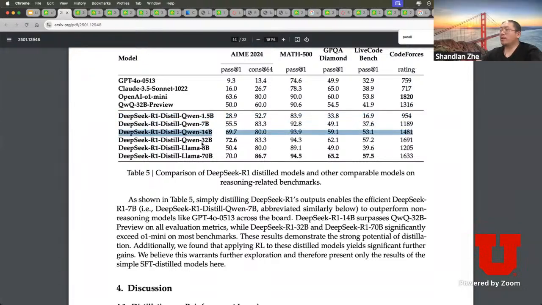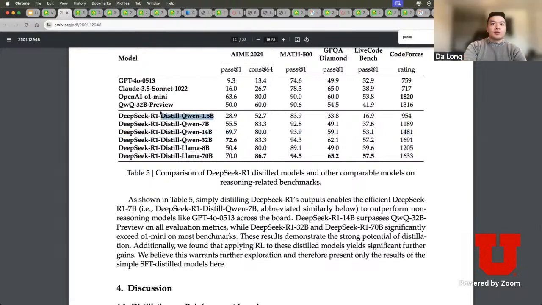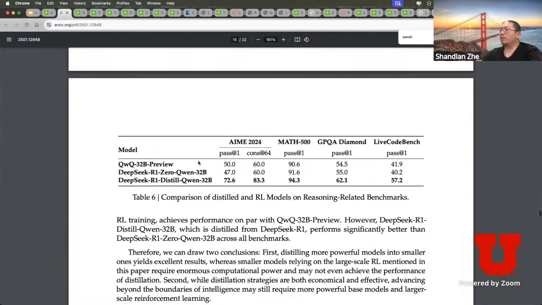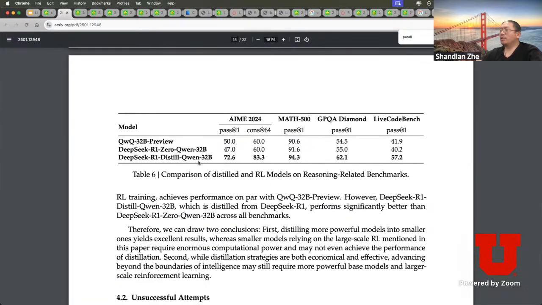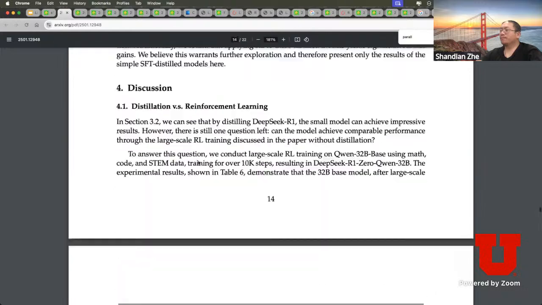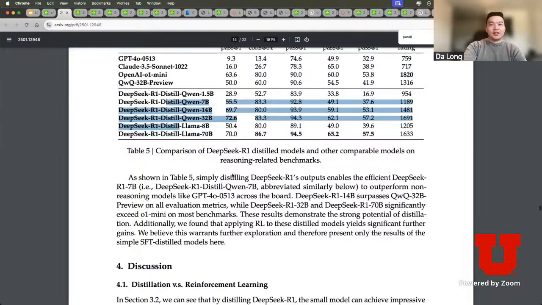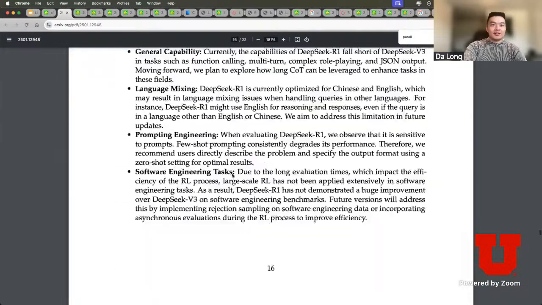So people use this data set to distill those open source models. Those open source models are distilled by themselves, and they should have released the parameters for those models. Okay, but they don't release the distillation of their own model. I think so. So maybe, yeah.